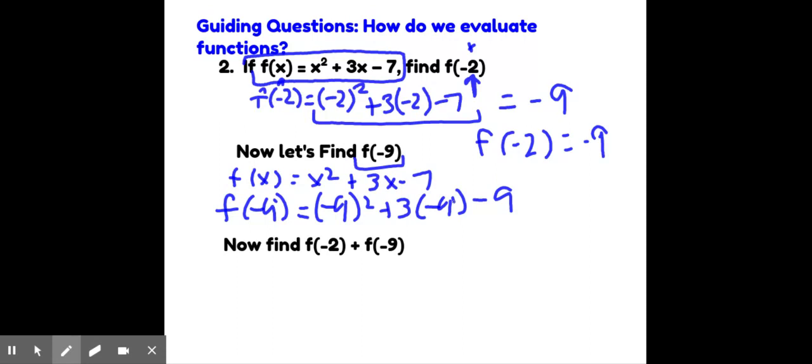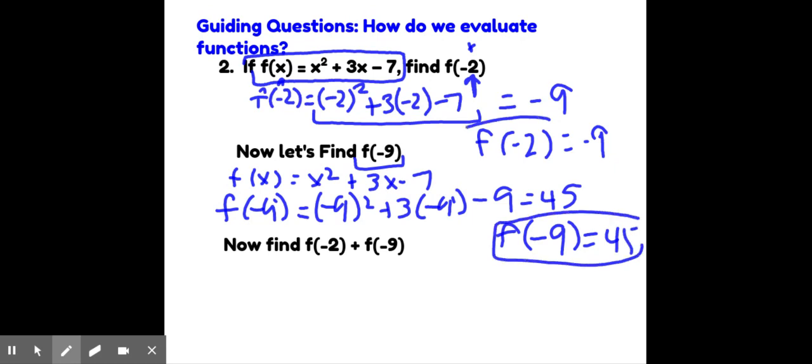So I'm going to plug in negative 9 squared plus 3 times negative 9 minus 9. And I get 45. So this whole thing comes out to 45, which means that f of negative 9 is equal to 45.